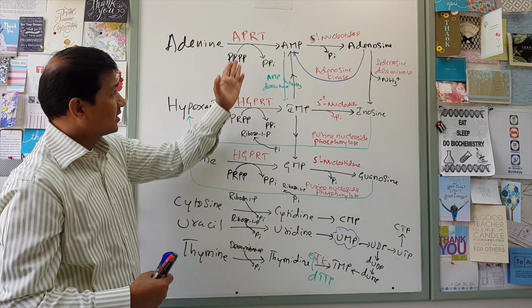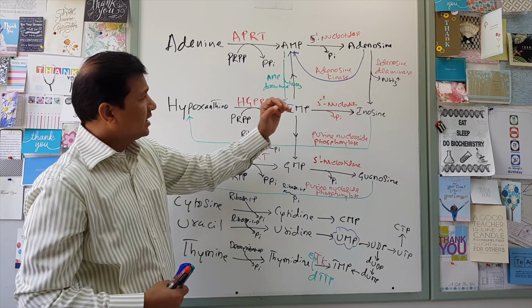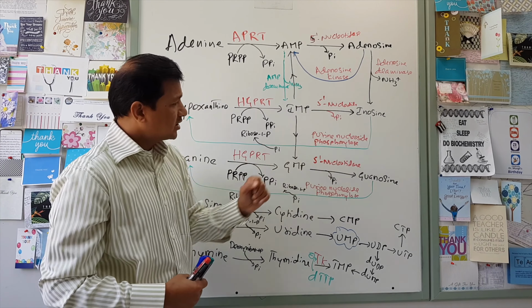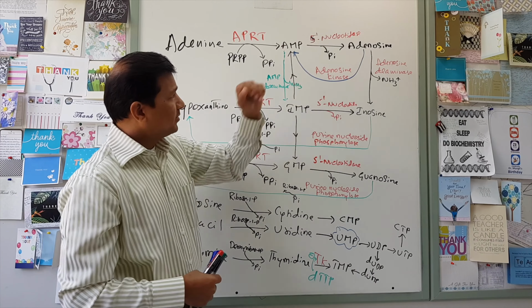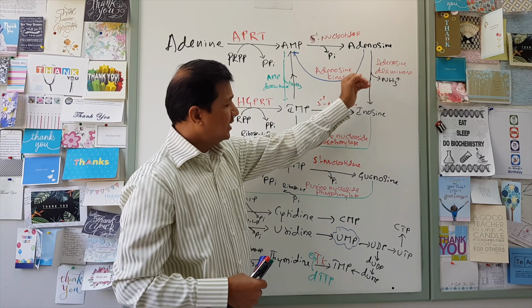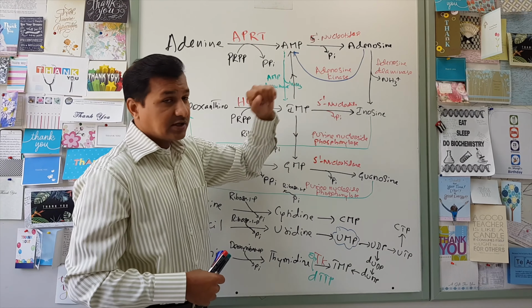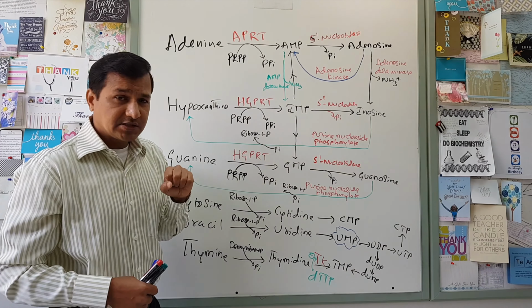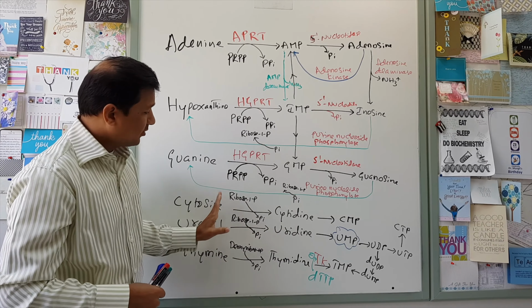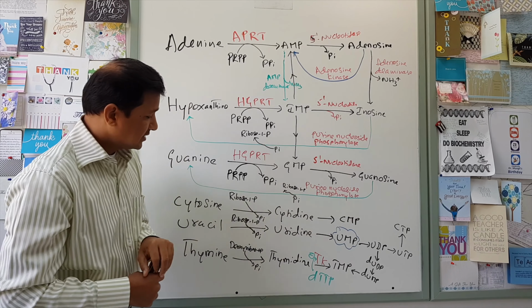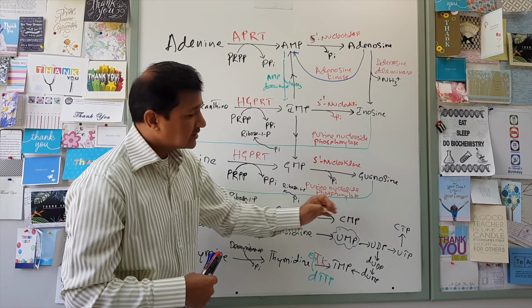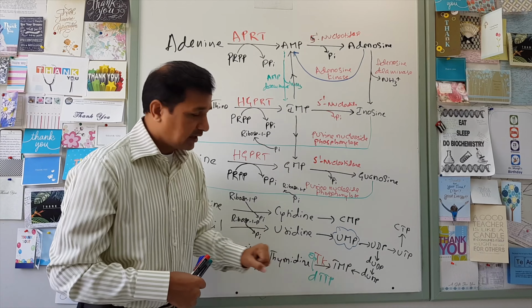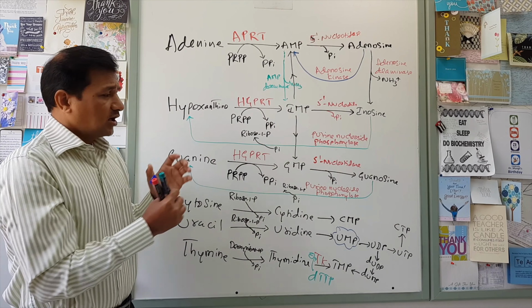Some of the enzymes are phosphoribosyl transferase, purine nucleoside phosphorylase, 5' nucleotidase, adenosine deaminase, and adenosine kinase. This is for purine bases. For the pyrimidine bases, we have pyrimidine nucleoside phosphorylase enzymes, and specific kinases, such as thymidine kinase. So that's all about it.